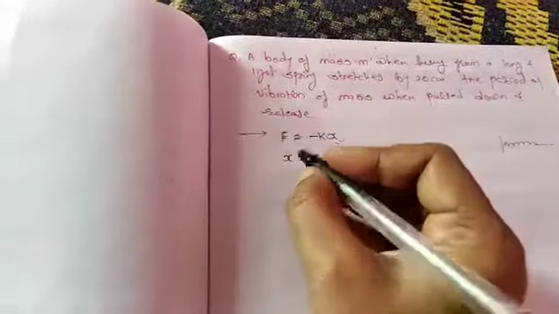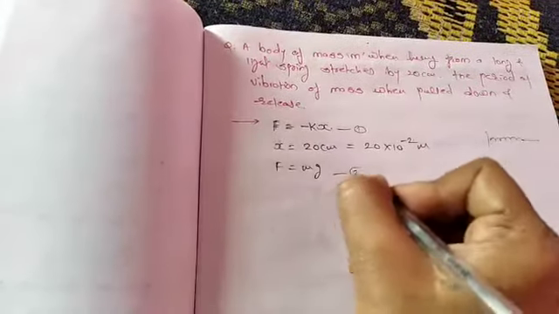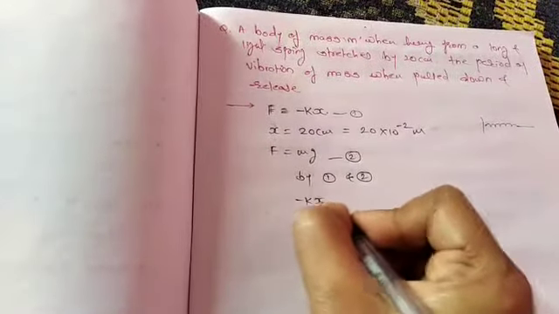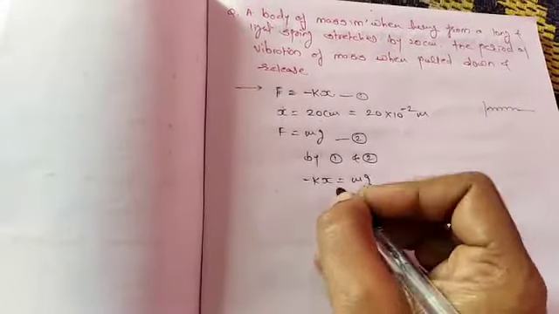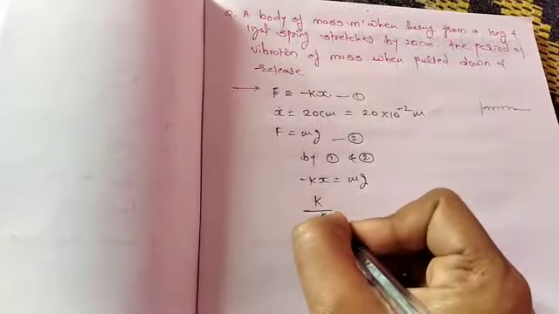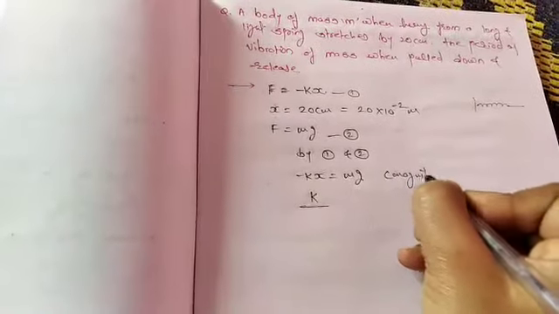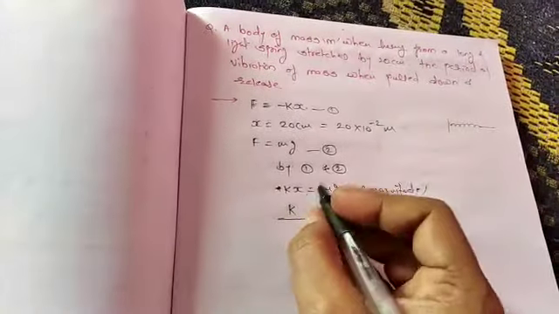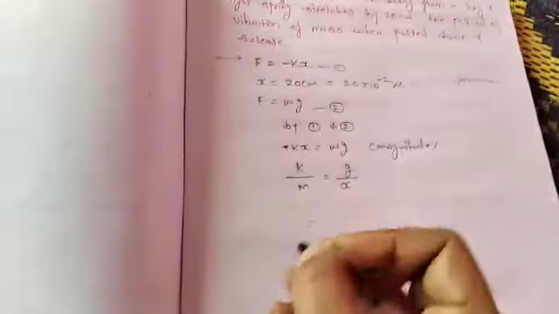So in that same case, x is equal to 20 centimeter, that is the stretching in the spring. Then we know the formula F is equal to mg, and also this formula, that is 1 and 2. By equations 1 and 2 we can write kx is equal to mg. That is, k by m, if we write only magnitude, no need of this sign, as it indicates only the opposite direction, is equal to g upon x.